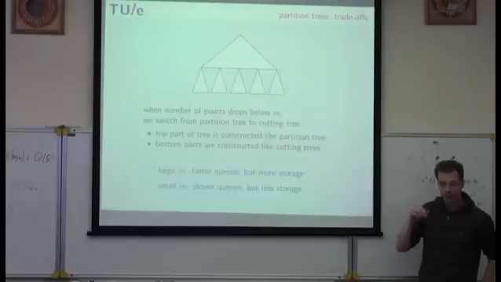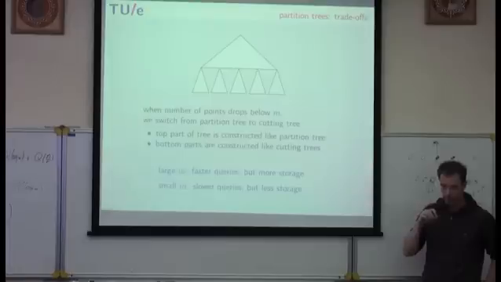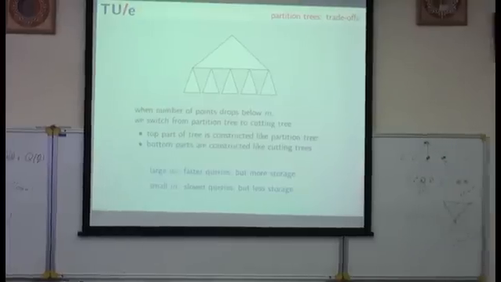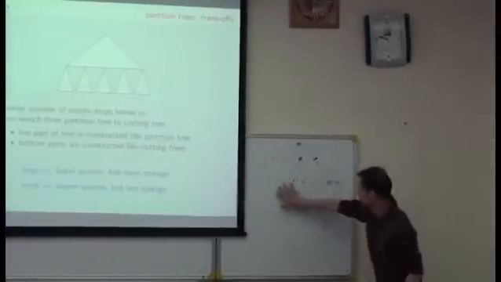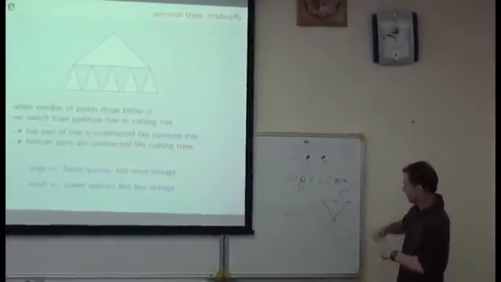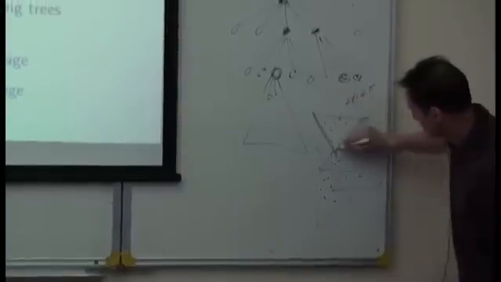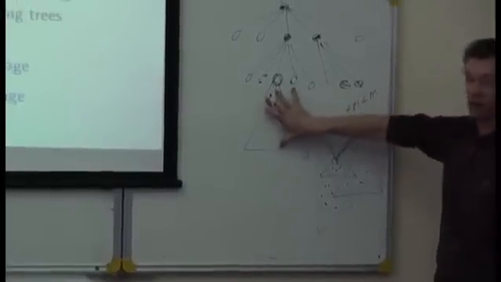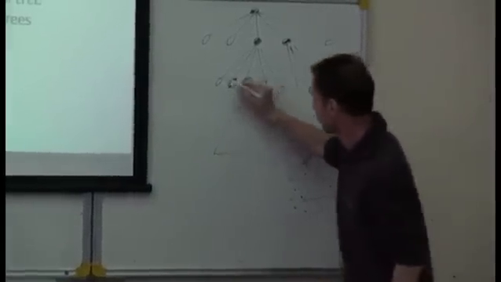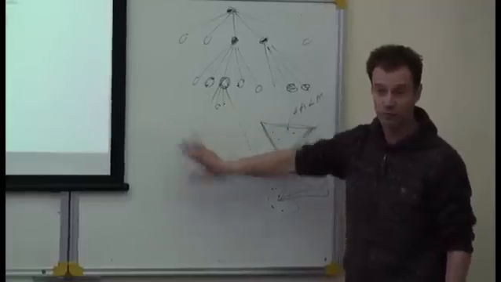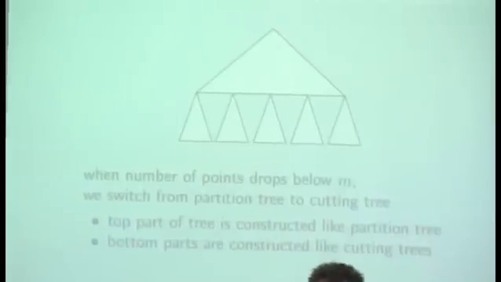We just have one triangle in the partition tree, and then in dual space we make just one cutting tree for that specific triangle. So in this picture, this corresponds to this triangle, and there will be a cutting tree for this one. But also this, which corresponds to this triangle, there will be a cutting tree for that one. So all of these things are cutting trees.